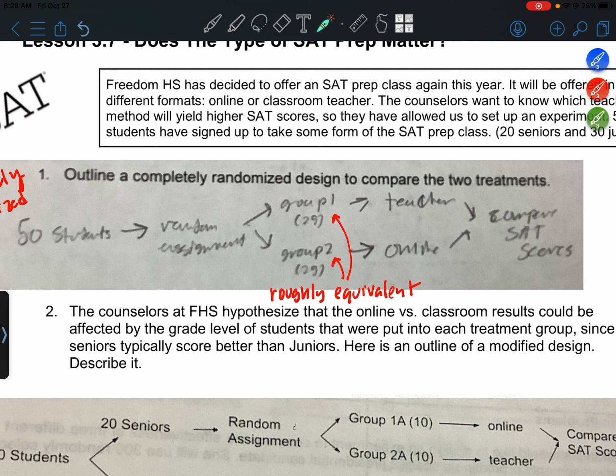And if it were to happen, now group 1 is mostly seniors, and they are all getting the teacher-led instruction. So if that group does end up with higher SAT scores, we won't be able to isolate the cause to the teacher or whether they were mostly seniors.